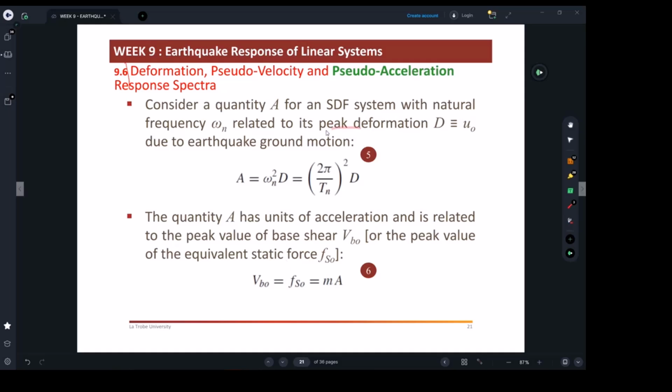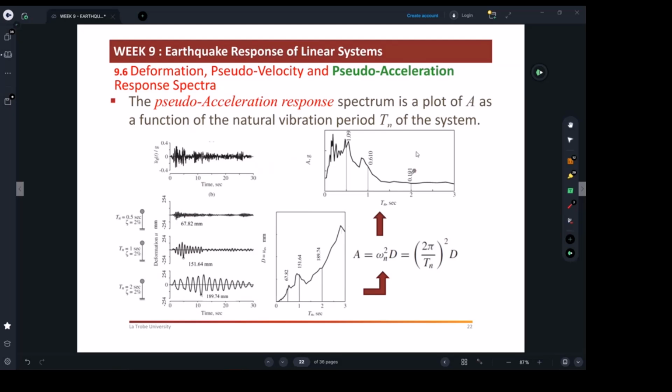But the key message I wanted to share with you here: if you want to come up with your pseudo acceleration response spectrum, you can find your displacement spectrum curves, the actual one from numerical analysis, then use this relationship to determine your pseudo acceleration response curve.